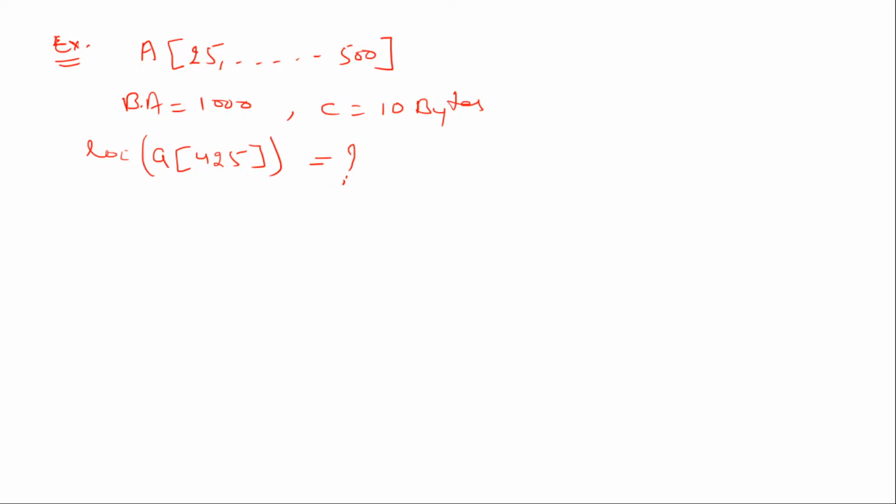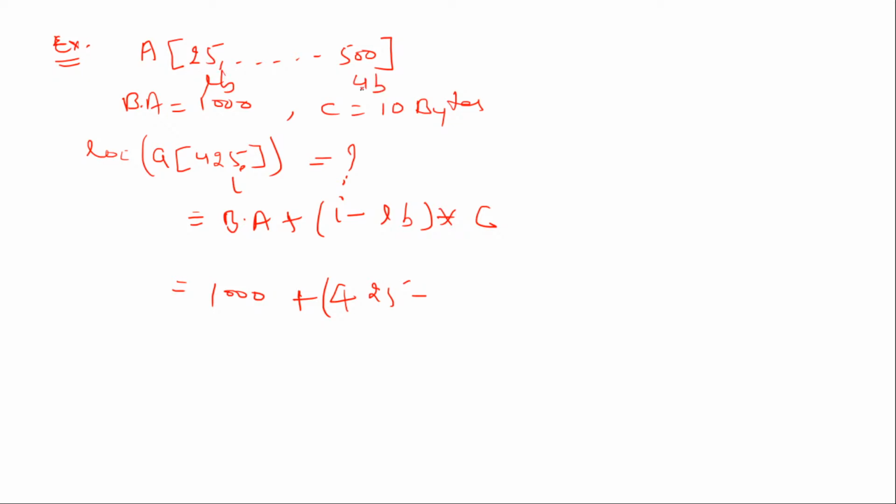How will you find? You know the formula. What is the formula? Base address plus I index value minus lower bound into data type size, suppose C. So what is the base address? 1000. What is the I value? This is the I value, 425. What is the lower bound? This is lower bound and this is upper bound, 25.